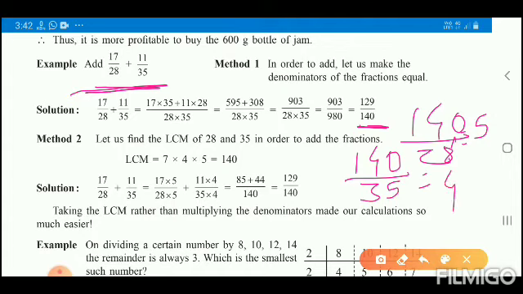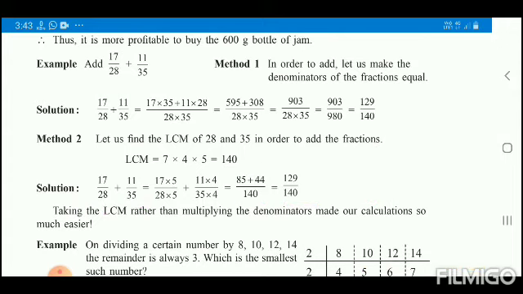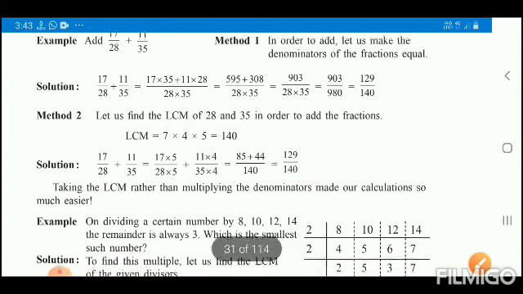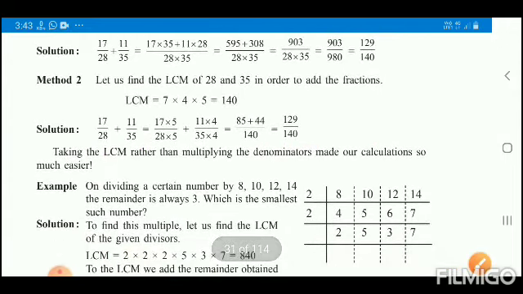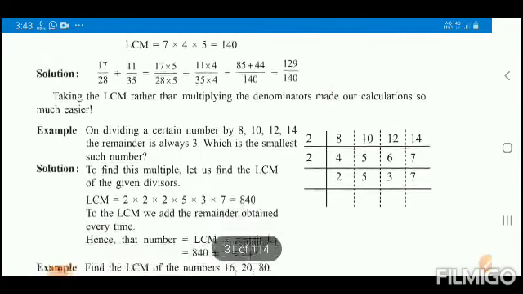We want the denominators equal, so we will make the denominator 140. So we just have to multiply 28 by 5 and 35 by 4. You will get the equal denominator. Again by this method your answer will come the same, 129 upon 140. Taking the LCM rather than multiplying the denominators made our calculations so much easier.